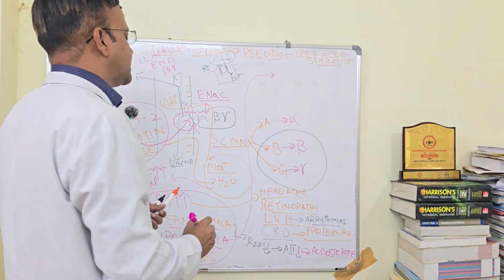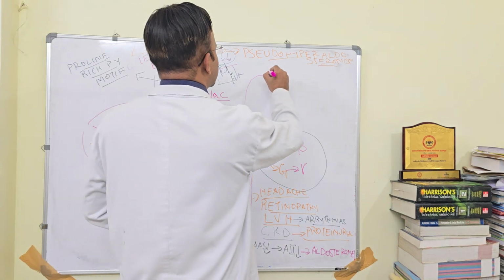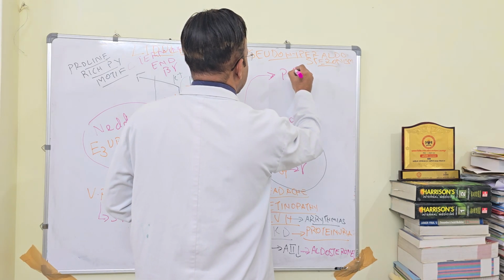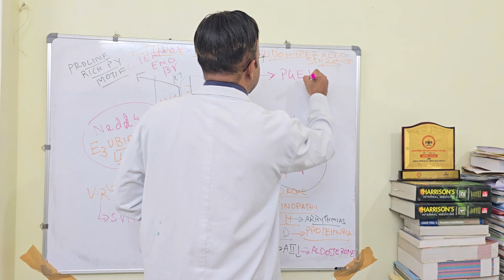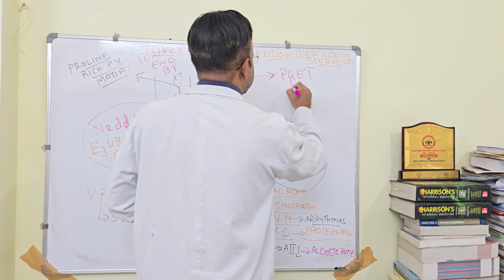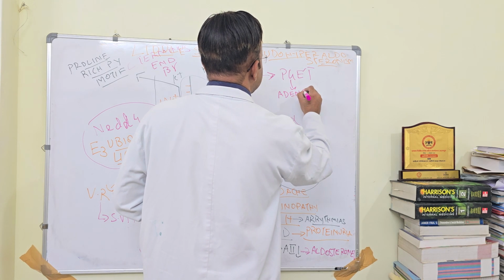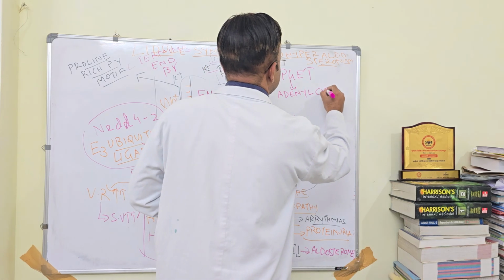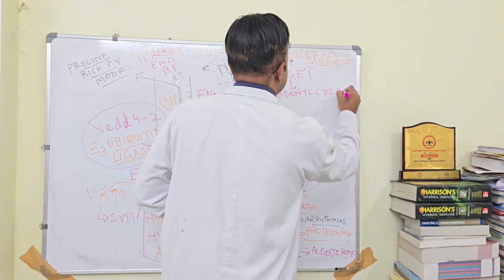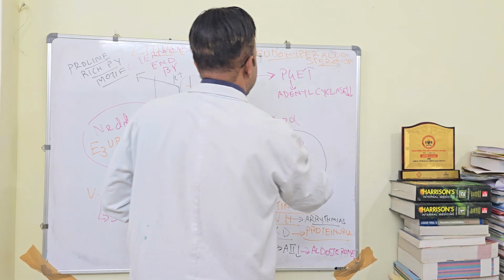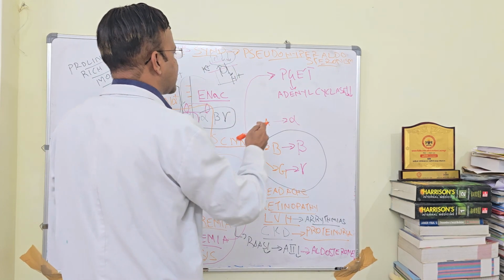This hypokalemia is, first of all, going to increase your prostaglandins. The prostaglandins in turn will reduce the level of adenyl cyclase, and this will further reduce the level of cyclic AMP.